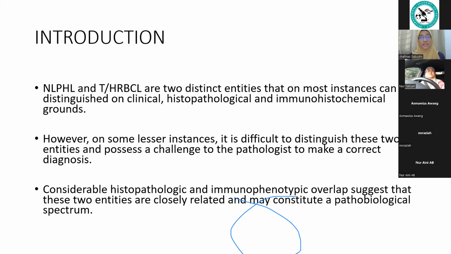And this is the one that poses a challenge to us to make a correct diagnosis. Considerable histopathologic and immunophenotypic overlap of these two entities suggests that both are closely related, and they may constitute a pathobiological spectrum.